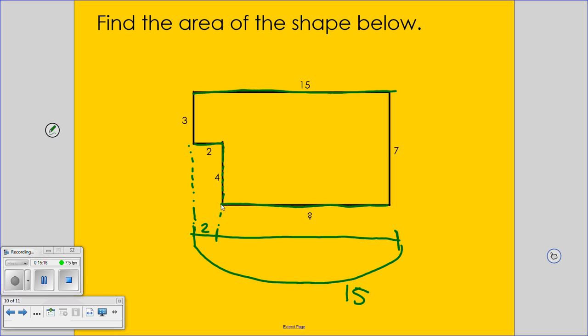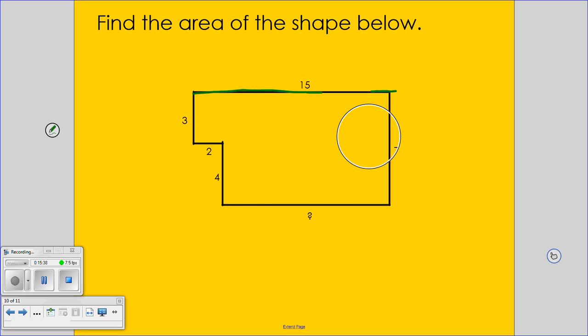Okay, my whole line is worth 15, but this little section is worth 2. What's going to be my other section? Natalie? 13. So what's going to be my question mark? 13. So that was easy. Are we done?